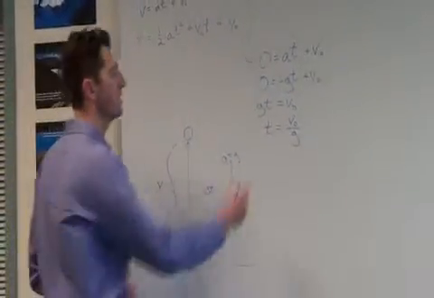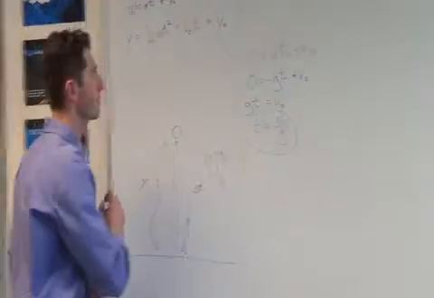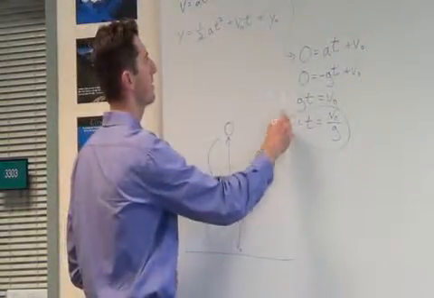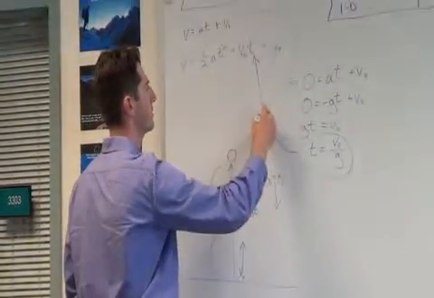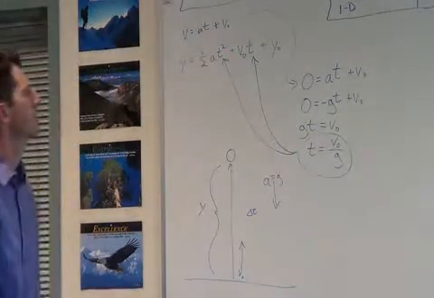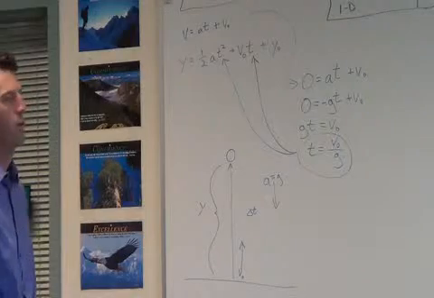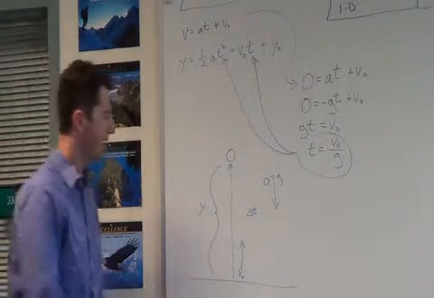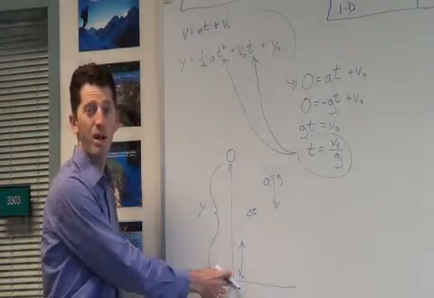And now that we've solved for t, we can put that in that equation. Well, we don't have a y naught. The y naught, in this case, will just be the ground, which is 0.